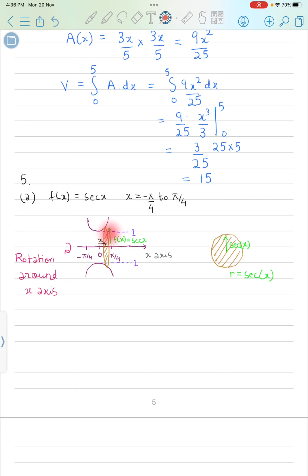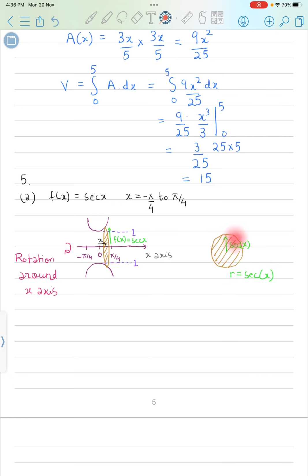If you pick this circle, the cross-sectional area perpendicular to the x-axis, and lay it flat, you will see a circle whose radius is given by sec x.